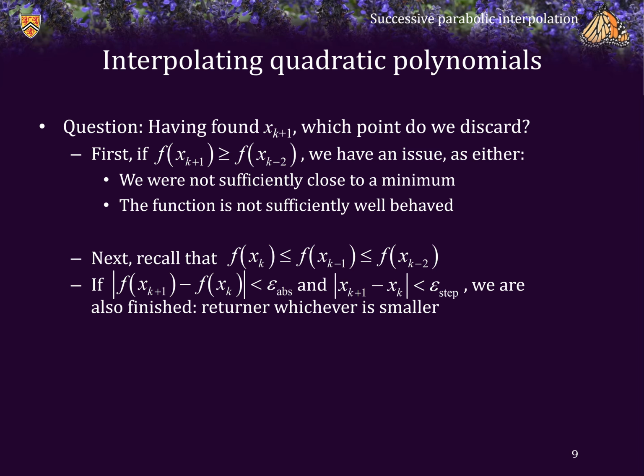Return either x sub k or x sub k plus 1, whichever has a smaller value. Otherwise, discard x sub k minus 2, as that is the largest f value and we are finding a minimum, and proceed on with x sub k minus 1, x sub k, and our newly found x sub k plus 1.